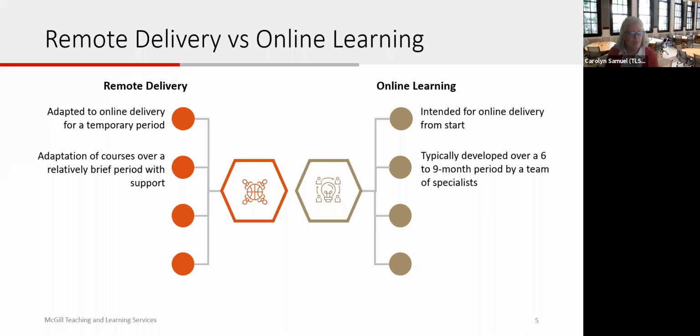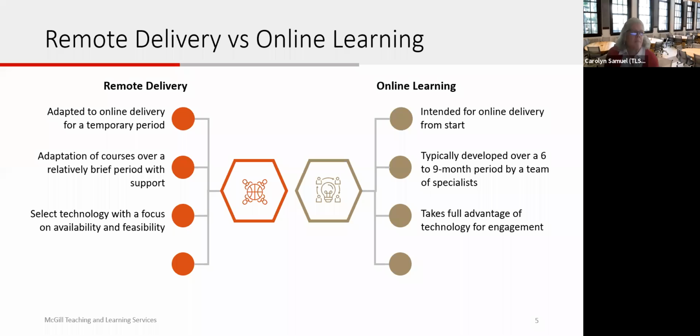So we want to help you with adapting your courses. In contrast to online learning, which is where the courses are typically developed over a lengthy period, like 6 to 9 months, with a team of specialists who work exclusively on designing online courses. Back to remote delivery. In this context, we select technology with a focus on what's available and feasible. So we're working with existing McGill tools that are likely familiar to many of you.